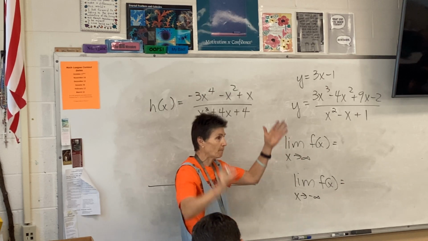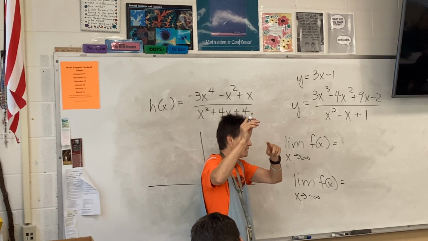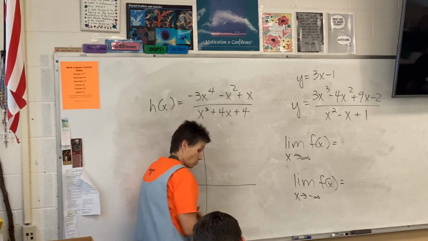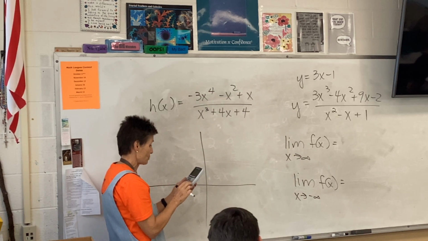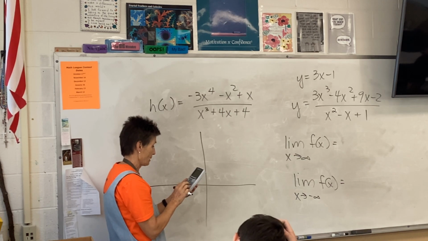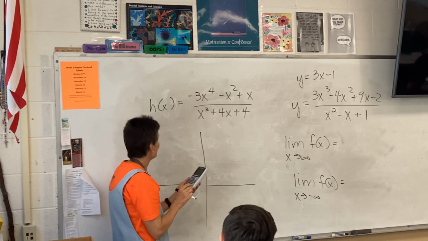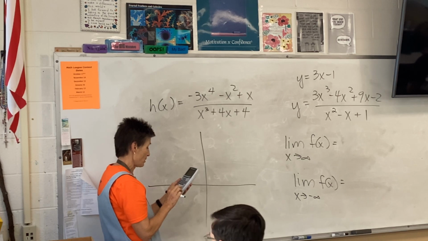If we want to say up, up, we're going to say the limit as x approaches positive infinity is positive infinity, right? We're going to do this formally. So this is the answer to the question, and we are going to try to figure that out. If we can, hopefully our picture will help us.